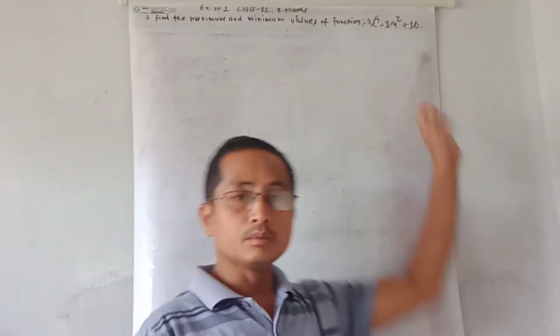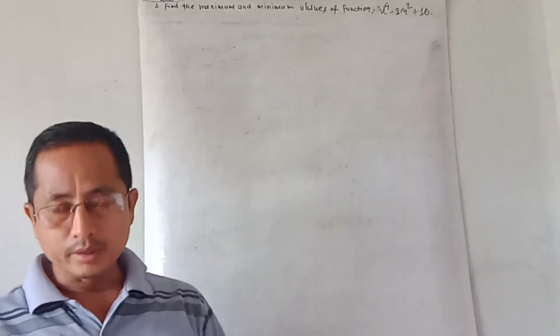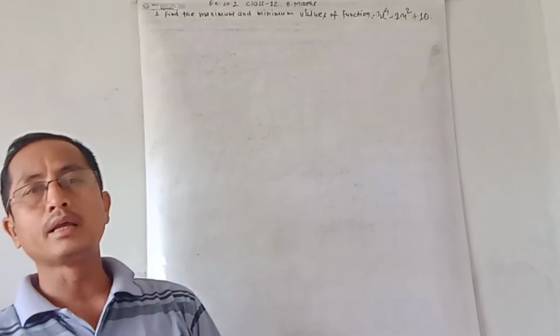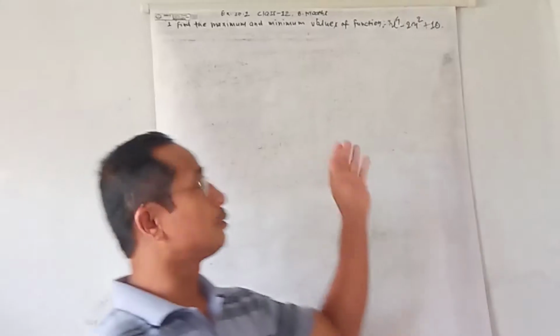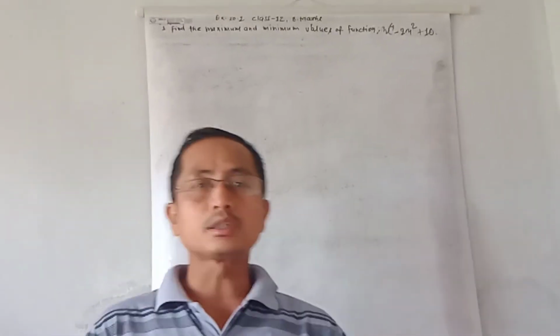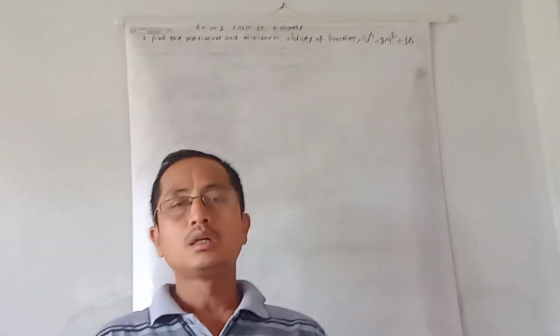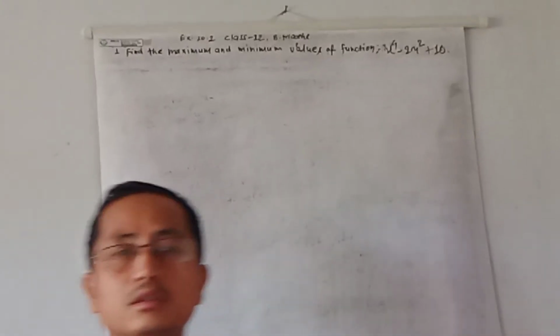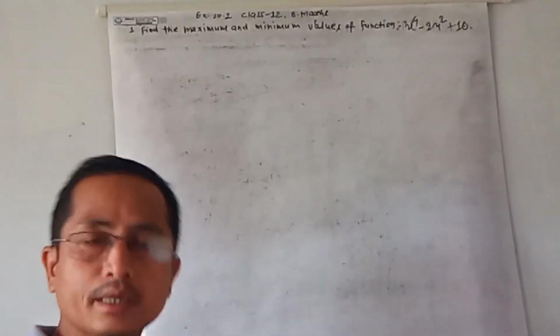The function is given and we have to find its maximum value and minimum value. In order to find the maximum and minimum, first of all we have to calculate the first derivative and second derivative.